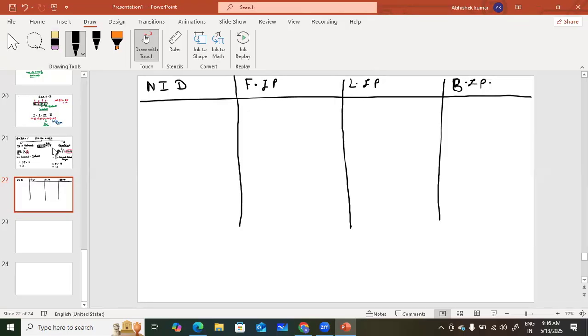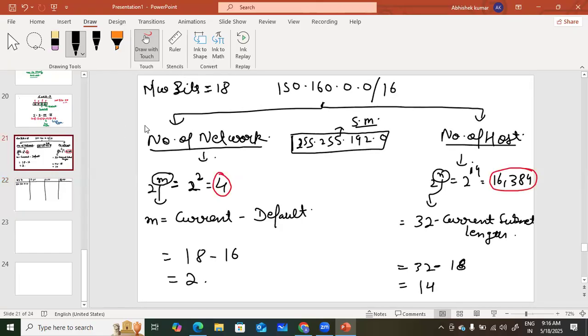The network ID is 150.160.0.0. Okay. Can anyone tell me what will be the next network ID? Anyone?